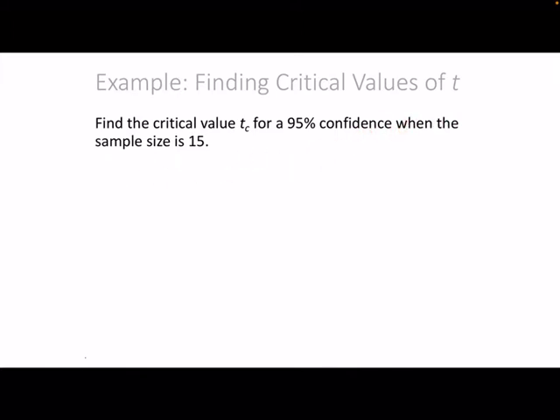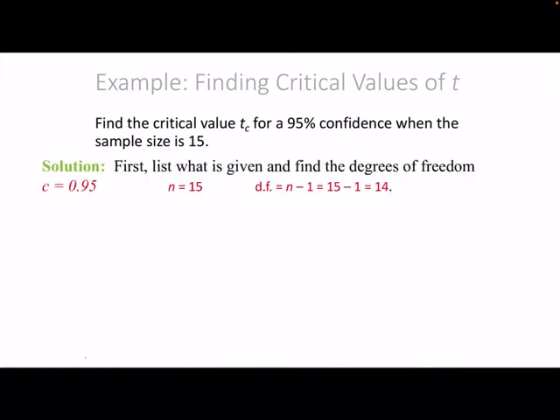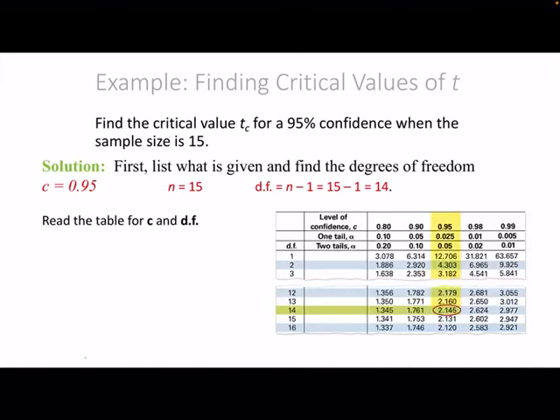So let's write down what we know. We know that c is 0.95, and we know that the sample size is 15, and then the degrees of freedom would be 15 minus 1, which is 14. Then we're going to find our table, so you need to pull out your table or pull it up, and you're going to find your confidence level here at the top.